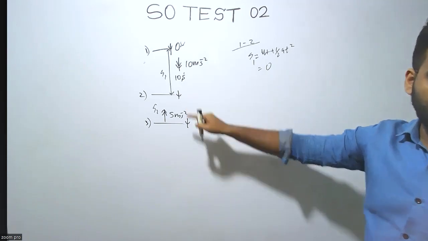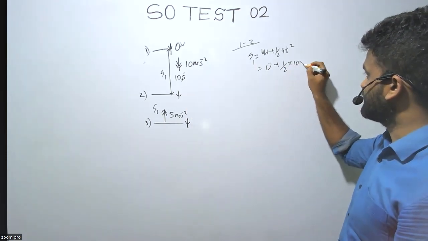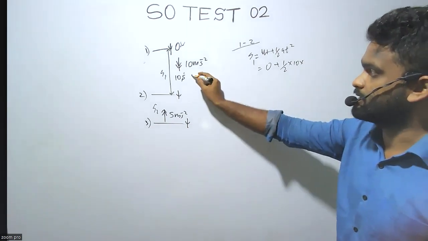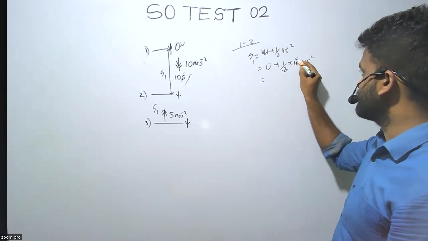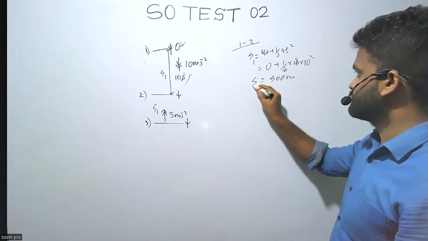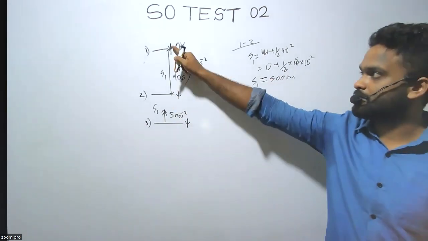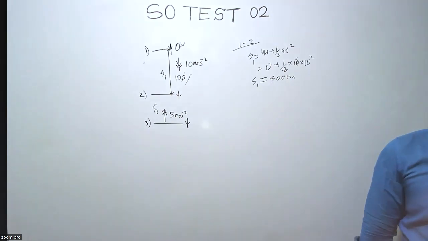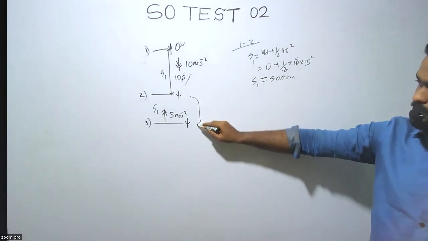We don't need the final velocity. Plus half, acceleration 10, time is 10 seconds, right? So this is 5 times 100, 500. So S1 is 500 meters. That's the distance from here to here. That is 500 meters.